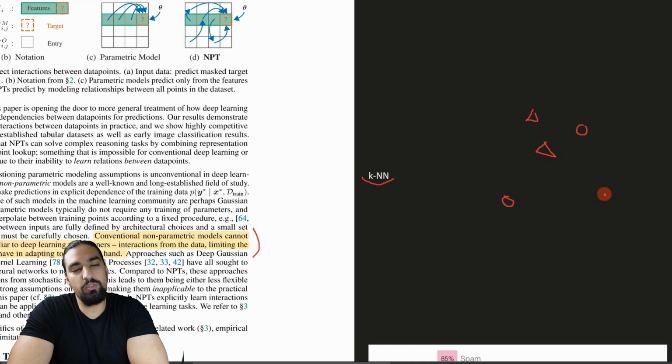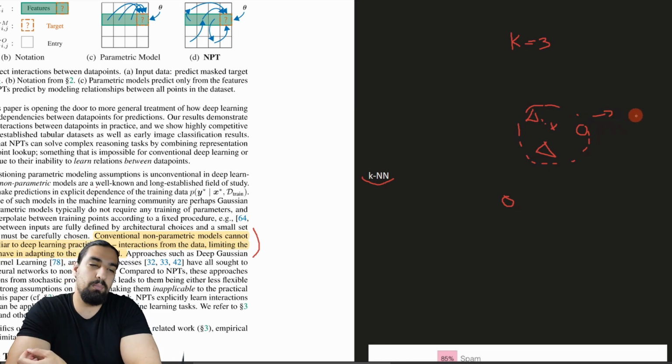Assume this is your dataset, and now assume I give you a query point and ask you what's the class of this data point. If we assume that k equals 3, that means we'll find the 3 nearest neighbors, hence the k-nearest neighbors algorithm. That's going to be this, and then we'll output by majority voting.